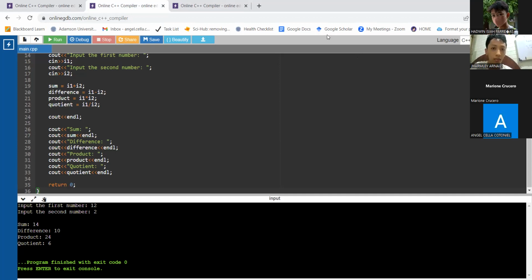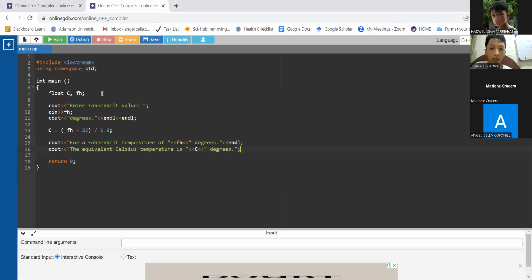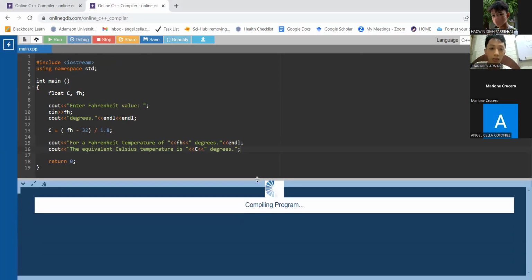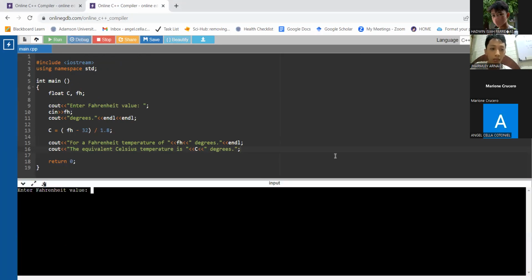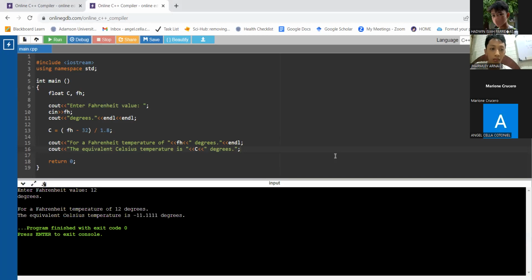And lastly, for the third code, let's call on Angel Cotoniel to present the code. Both Celsius and Fahrenheit are based on the temperature of water. The only difference is that they have different scale separation.